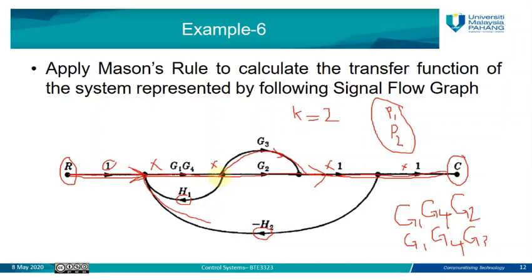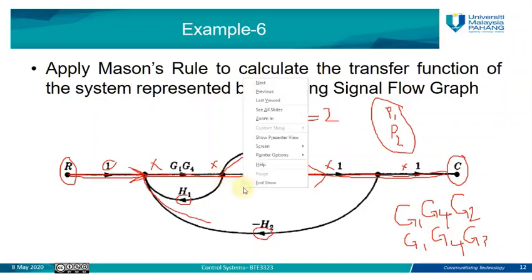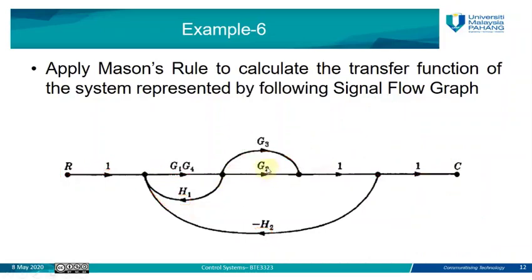I cannot say G2 and G3 represent a loop because they are in parallel, they go forward, not backward. The loop is you start at one node, you go forward, then you go backward to the same node. So here we have one loop, start from this node, go to that node, and return.